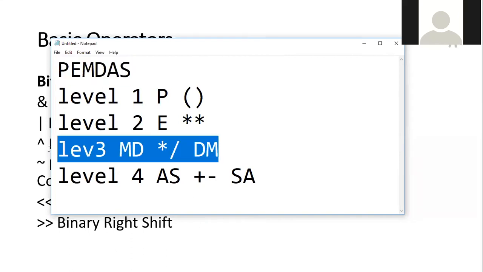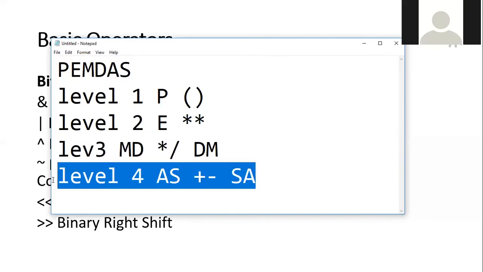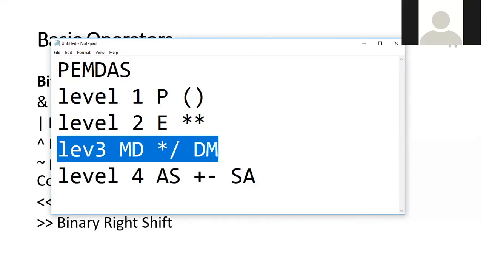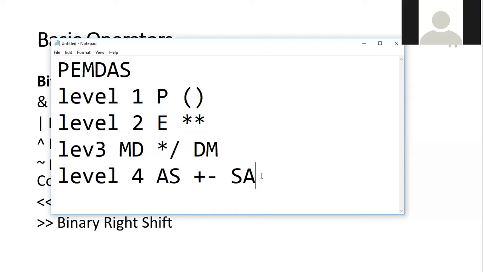What if magka-level, ma'am? How would you know kung sino unahin mo? Si multiplication ba o si division? Multiplication, mauna kay division, or division, mauna kay multiplication? What if natira na lang is addition and subtraction? Anong unahin mo? Addition, then subtraction, or subtraction, then addition? What is the rule?